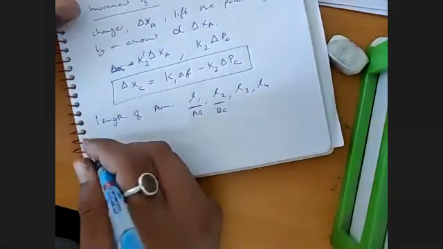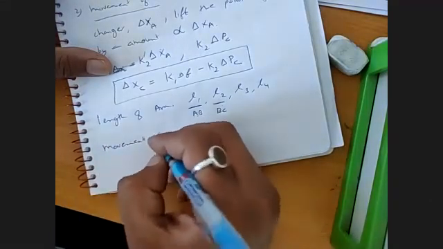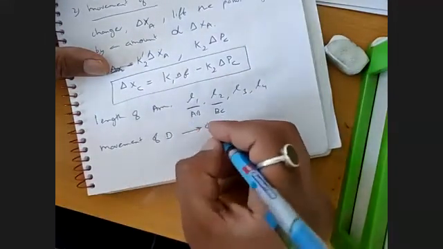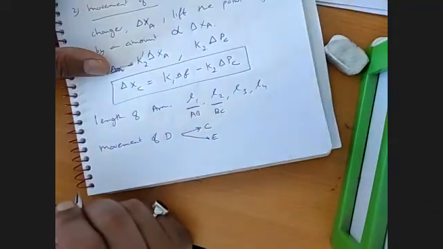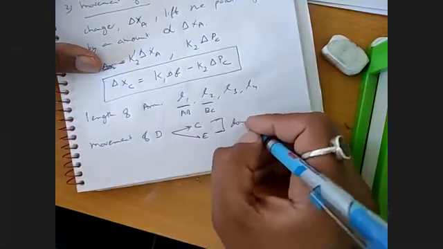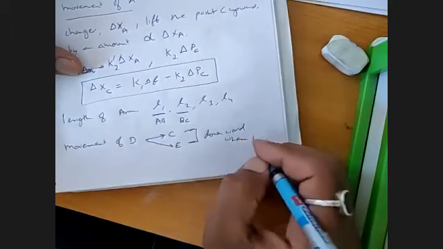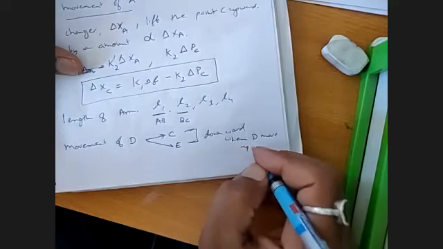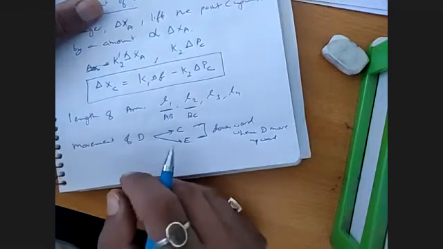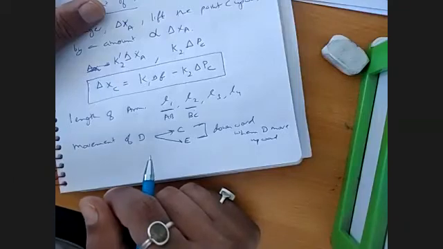Now the movement of D will be contributed by the movement of C and the movement of E. Because they are moving in opposite directions, when D moves upward, as we already discussed, E will be moving downwards, and when D moves downwards, E will move upward.